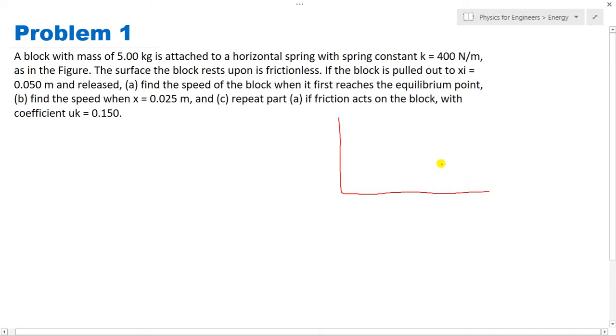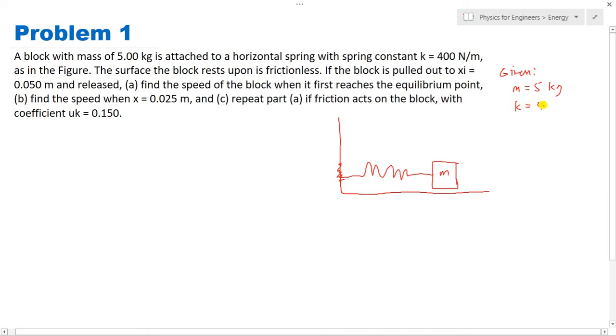So here naa tay block mass, then spring nga connected to this wall, and then this one, the mass here m. So we write here given and data: mass is 5 kg attached to a horizontal spring with spring constant k of 400 Newton per meter.